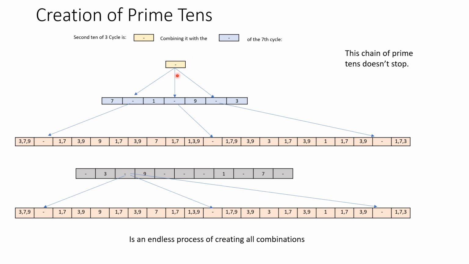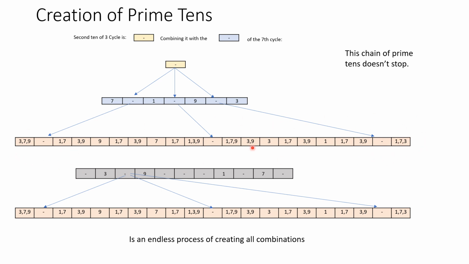Because this one is the cyclic prime term of the cycle of 3. I'm gonna combine it with the 3 cyclic prime terms of the cycle of 7. So when we merge the cycle of 3 with the cycle of 7, we get this, that is the cycle of 3 and 7, the one that we already saw.